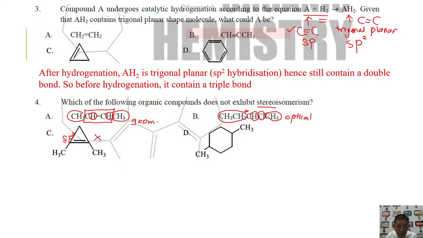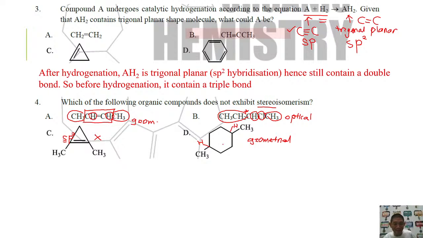So here, C does not have any stereoisomerism. As for D, D can exhibit geometrical isomerism here, because you have H and H, so it can exhibit geometrical isomerism. Now, can this one exhibit optical isomerism or not? They cannot. How do you tell whether a structure can exhibit optical isomerism?